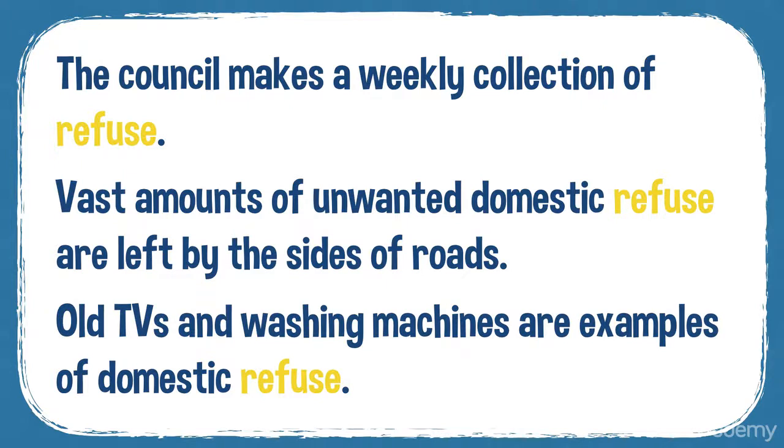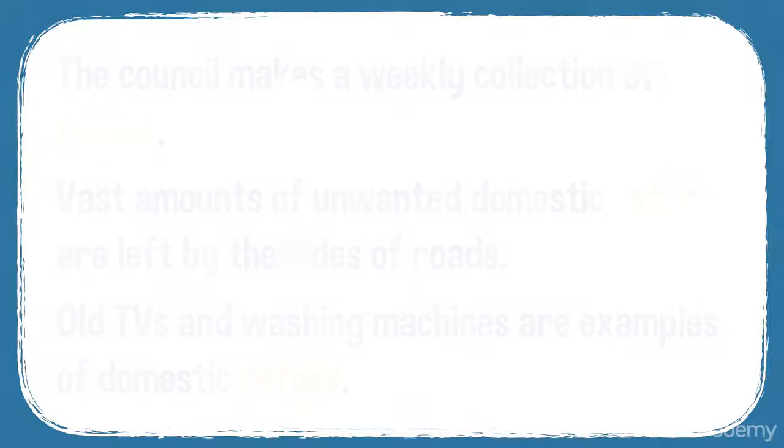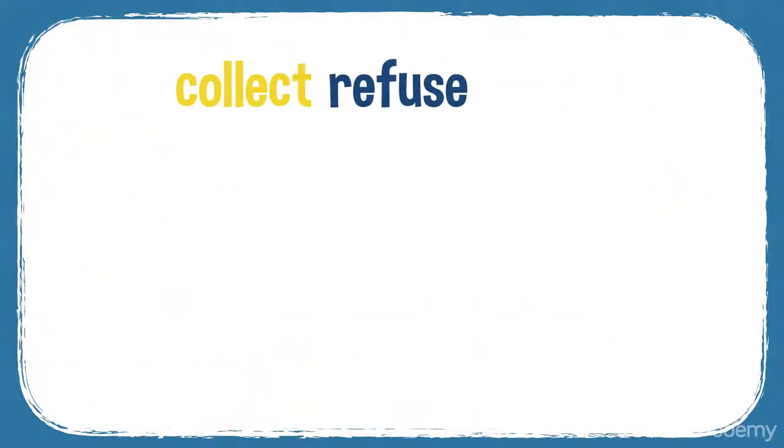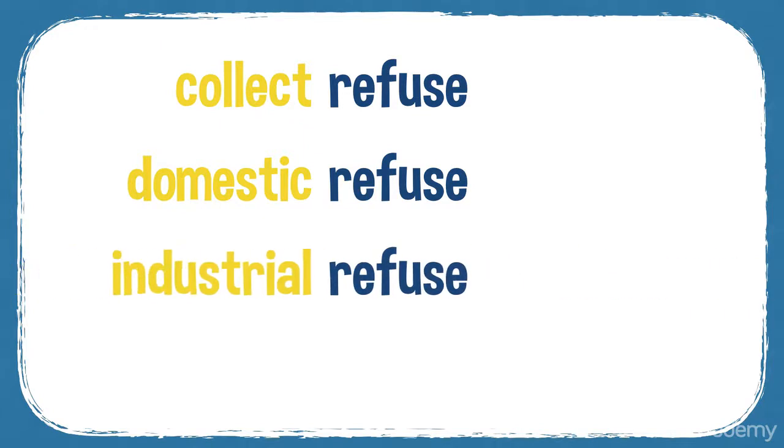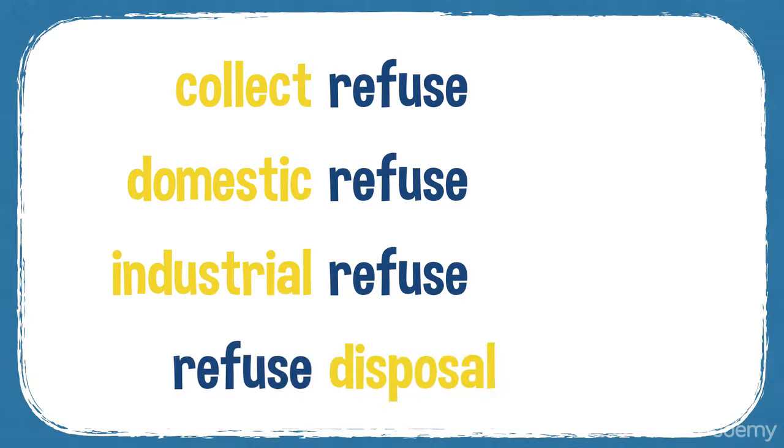Domestic refuse, things that come from the home. So we hopefully collect refuse, domestic refuse, and for companies that make things, manufacturing companies, industrial refuse. And we talk about refuse disposal as well.